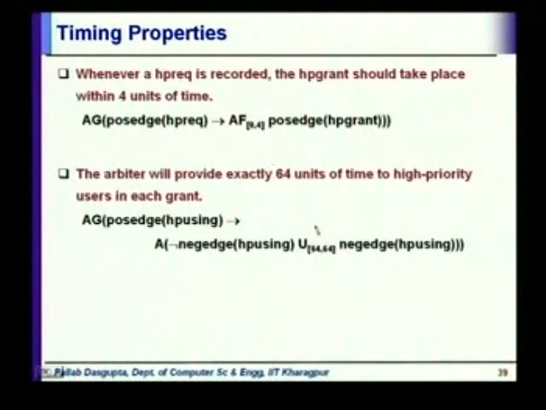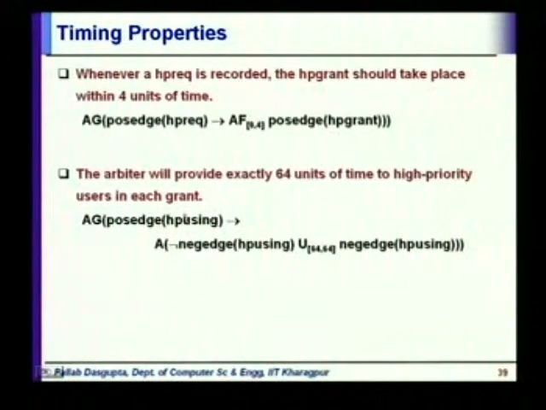The second property says the arbiter will provide exactly 64 units of time to high priority users in each grant. So HP using is the time when it starts using the resource.